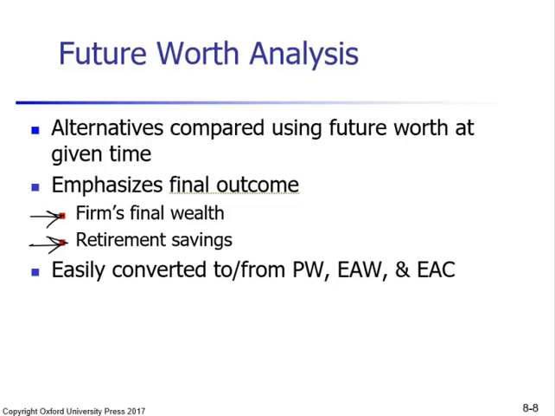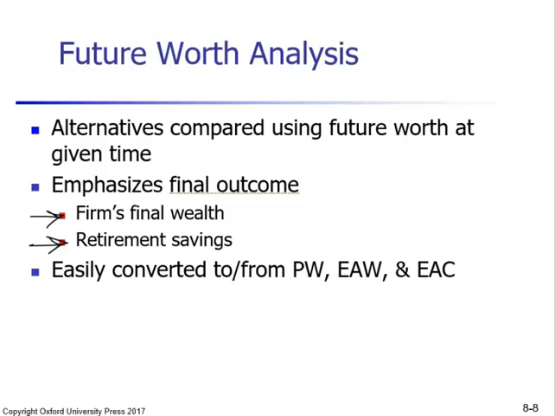They want to see what they have after 40 years. So I hope these examples help you understand better why we also need future worth analysis, and sometimes it is the better option in comparison to the present value.